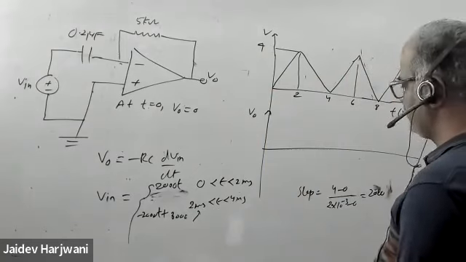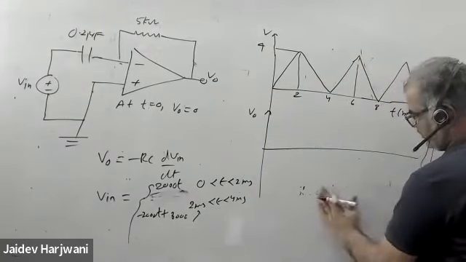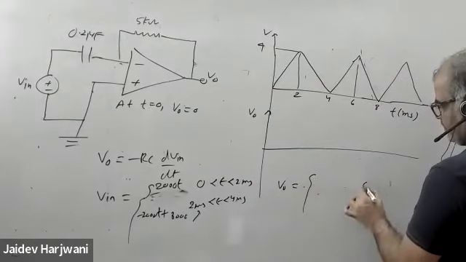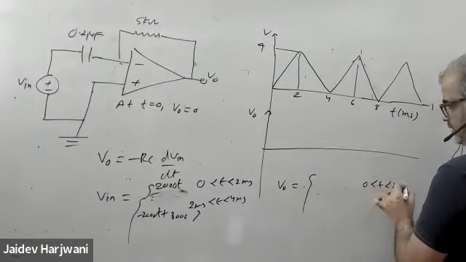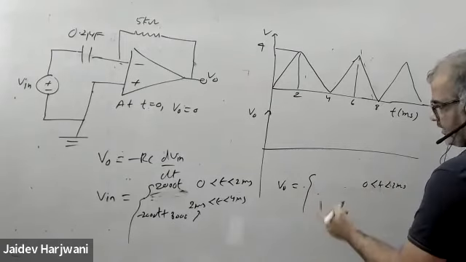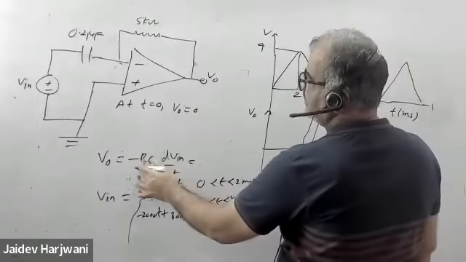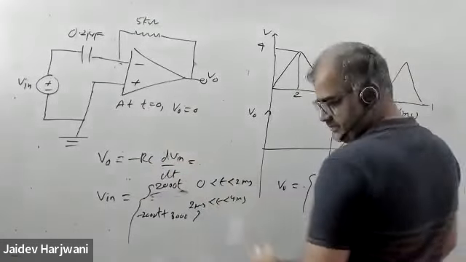Now find V naught in the first interval and V naught in the second interval. For the first interval, you have RC. R is given as 5 kilo ohm.